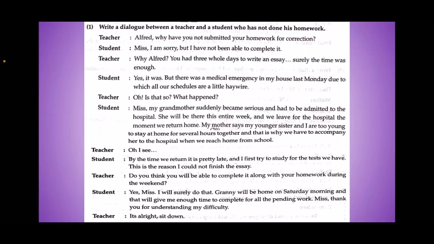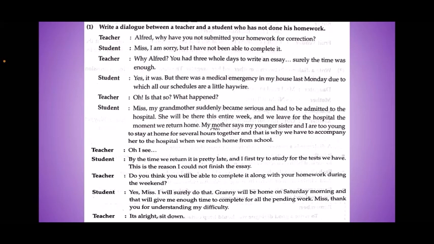Teacher. Oh, is that so? What happened? Student. Miss, my grandmother suddenly became serious and had to be admitted to the hospital. She will be there this entire week and will leave for the hospital the moment we return home. My mother says my younger sister and I are too young to stay at home for several hours together, and that is why we have to accompany her to the hospital. When we reach home from school. Teacher. Oh, I see.